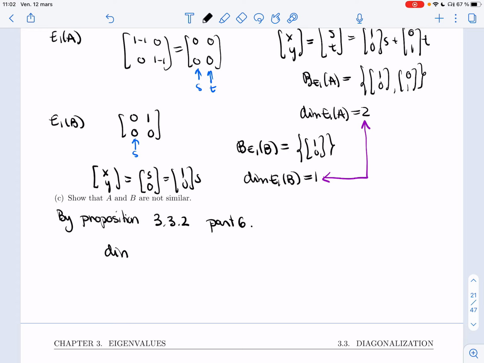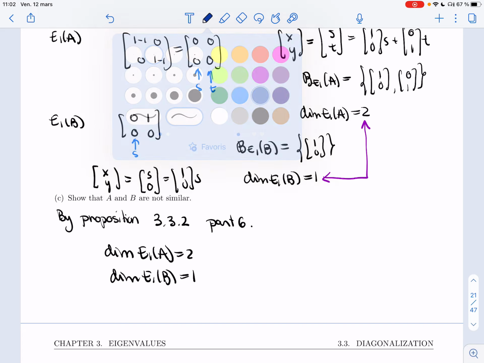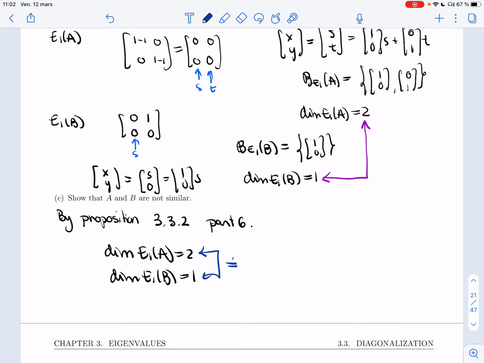If the dimension of E1 of A and the dimension of E1 of B are different, that means A and B are not similar.